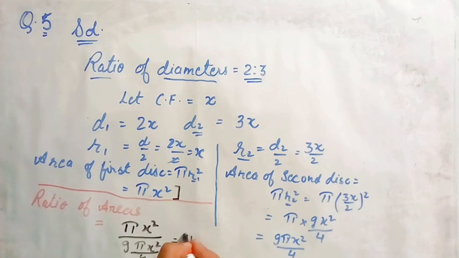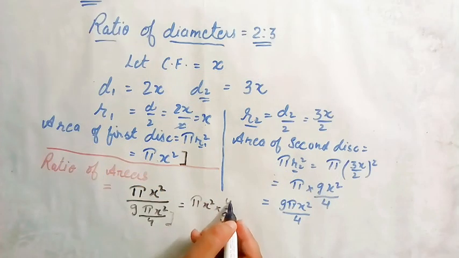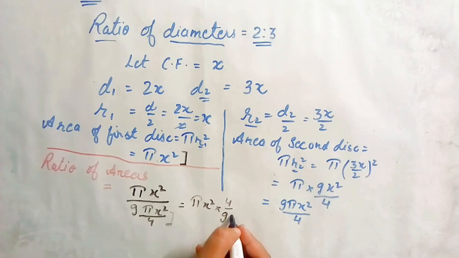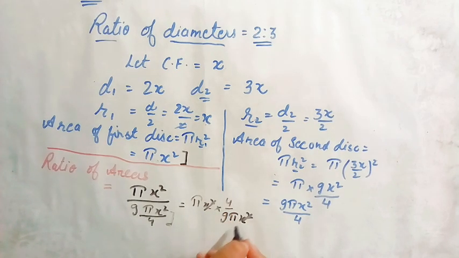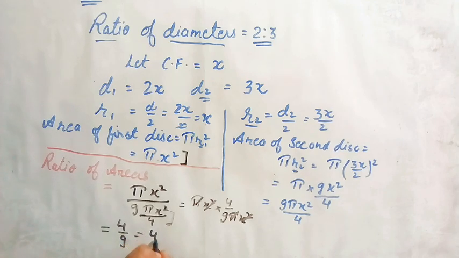This will be equal to pi x square as it is in the numerator. Take the reciprocal of the denominator. It will be 4 upon 9 pi x square. So x square is cancelled with x square and pi is cancelled with pi, and the ratio will be 4 upon 9, which can be written as 4:9.